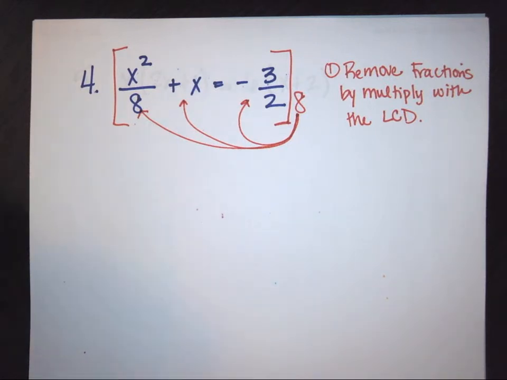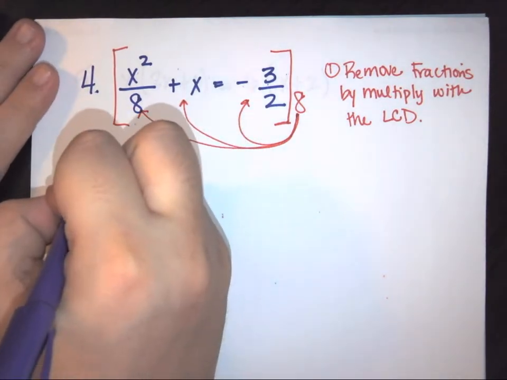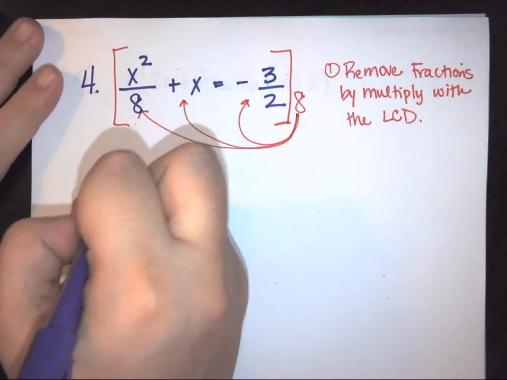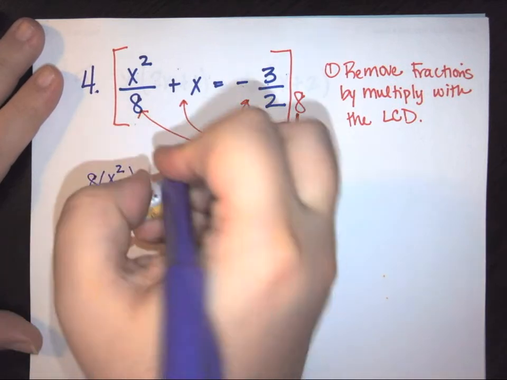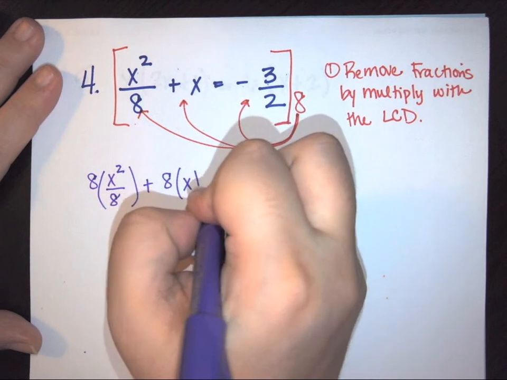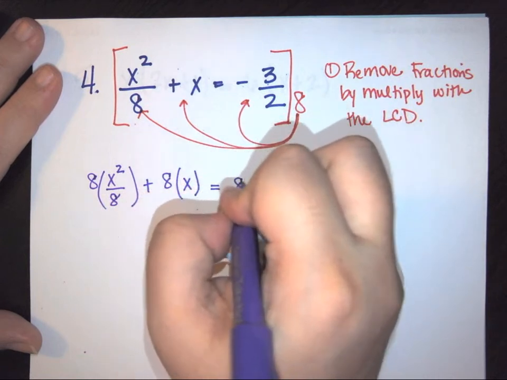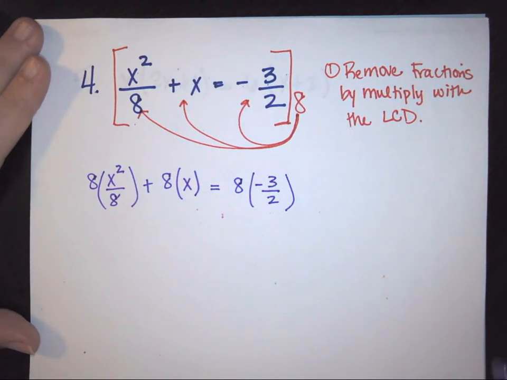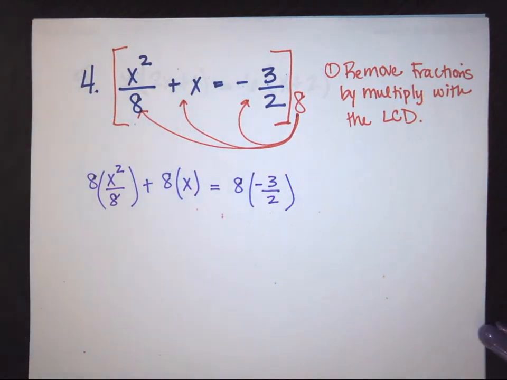So here we're going to have 8 times the x squared over 8 plus 8 times my x is equal to 8 times the negative 3 over 2. Within each of these, we can cancel.